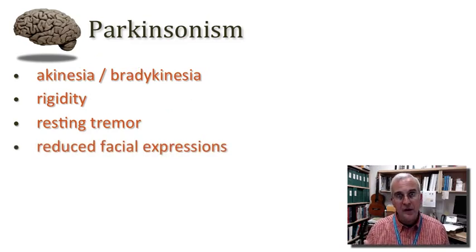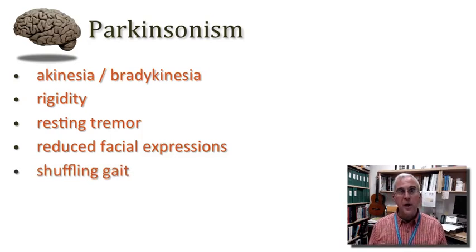Well, the bradykinesia doesn't only affect the appendicular movements that we do with our limbs, but it also affects our facial expressions. So people who are afflicted with Parkinson's disease tend to have a reduction in facial expressions. So with the problems attending bradykinesia, it's not surprising that there would be disorders of gait.